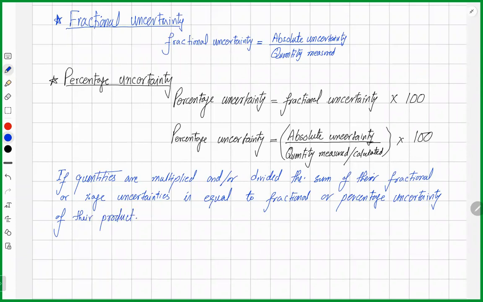If multiple quantities are multiplied or divided and they produce a product, the fractional uncertainty of the product is actually the sum of fractional uncertainties of all the factors.